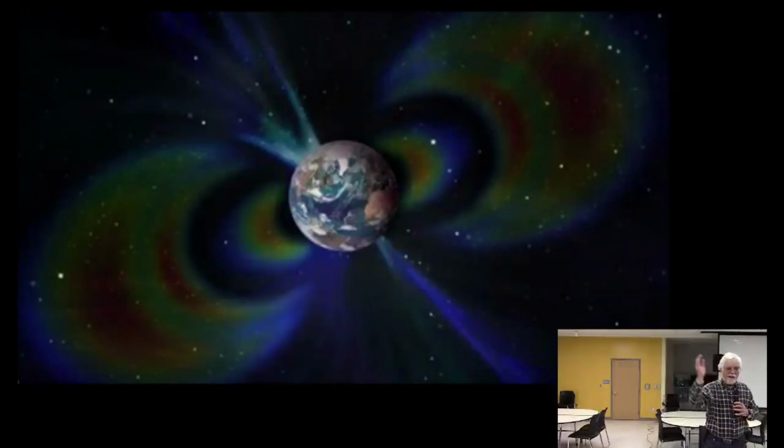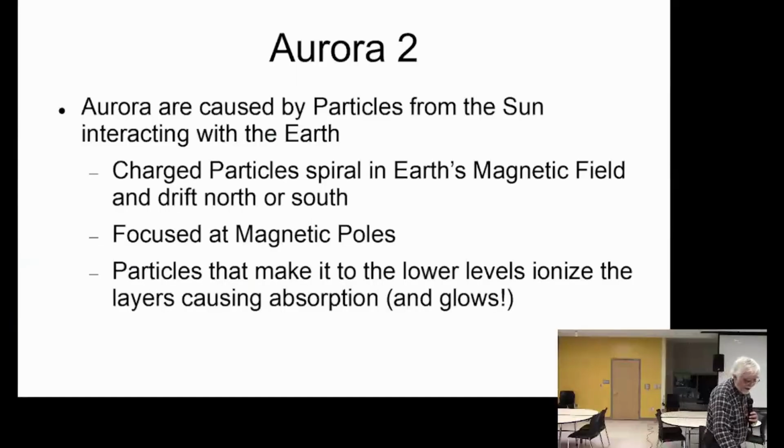But a strong enough particle can come in down through that and get down to the point where it hits the upper atmosphere of the Earth, which is essentially the ionosphere. This is just sort of going over the whole thing again. It's focused on the poles.